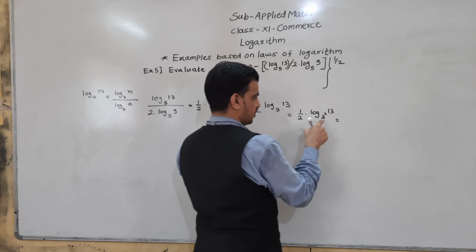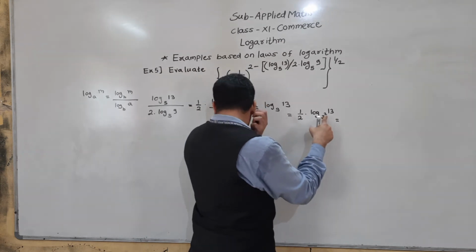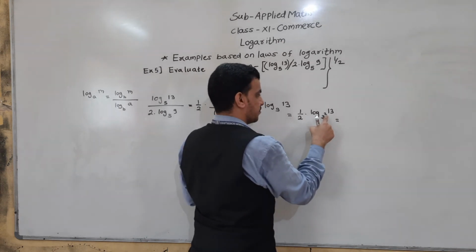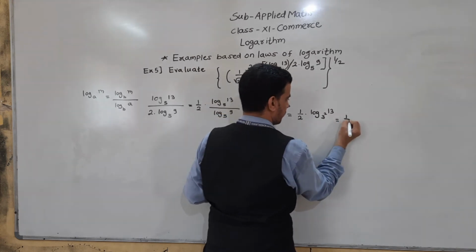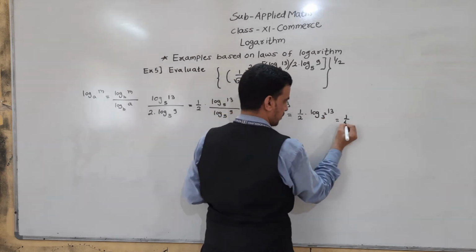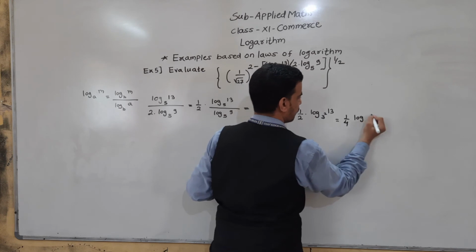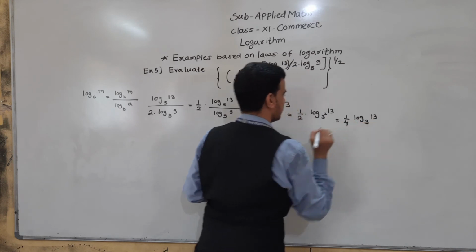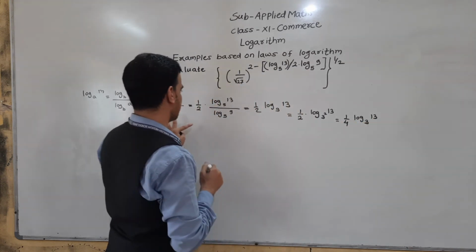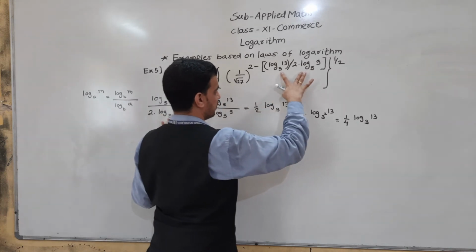Okay, so this power of base becomes denominator, so 1 by 2 into this 2, that is 1 by 4 log of 13 to the base 3. So this is the simplification of this term.